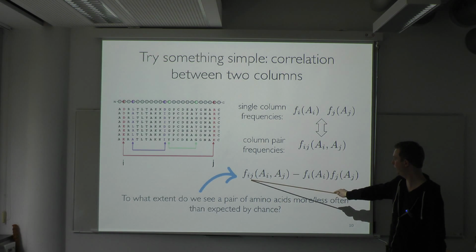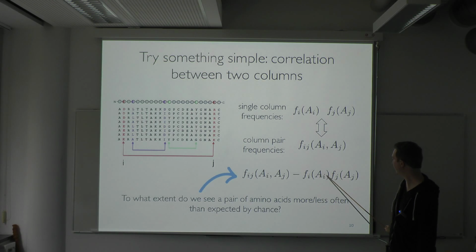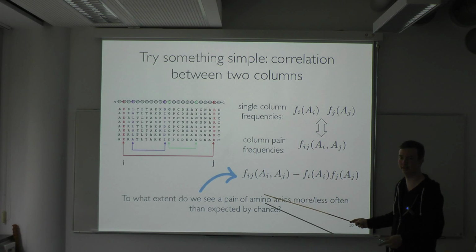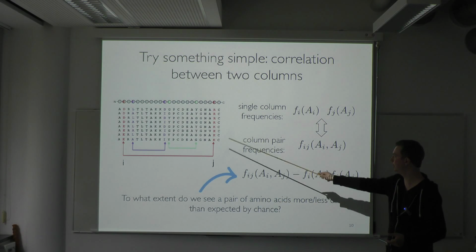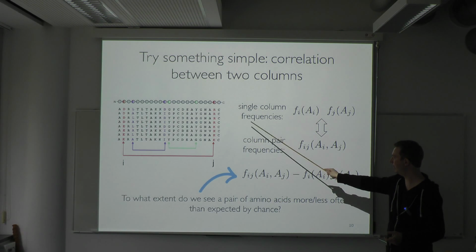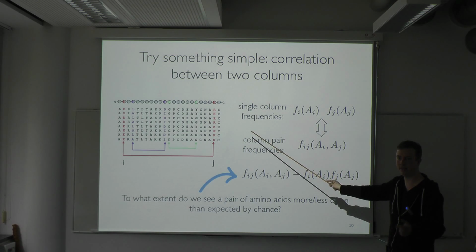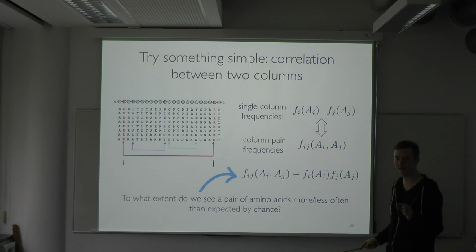So what's the difference between the pair frequency and the product of the single frequencies? Now the single frequencies for each pair would be 0.5 times 0.5. So what you would expect if these columns are independent is that the pair frequency is 0.25 for each of these two pairs. But in both cases, the actual frequency is 0.5. So there's a difference of 0.25 between what's expected and what you actually see in the sequence alignment.